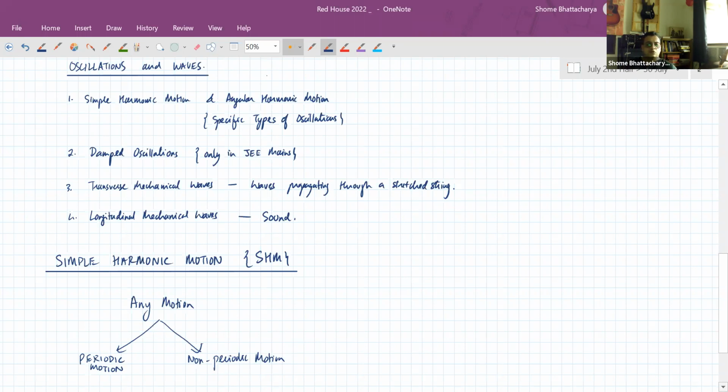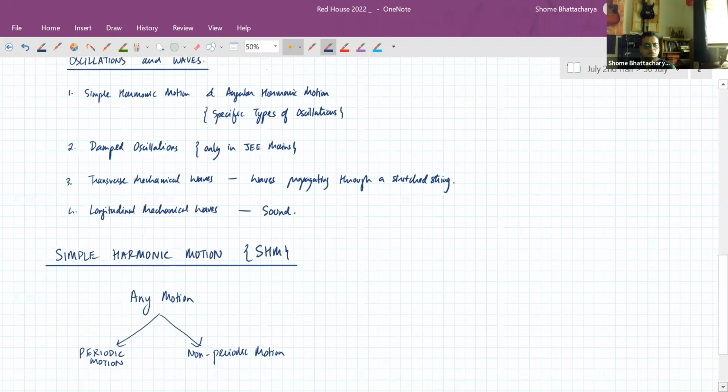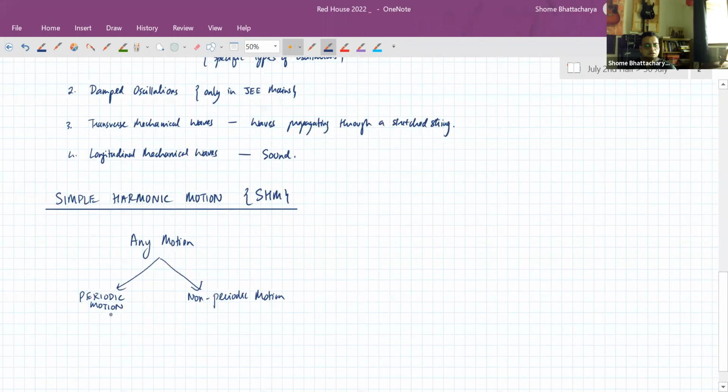Obviously non-periodic is the most common, whereas periodic is a bit more specific. Only certain types of systems will show periodic motion. But further, within periodic motion, we can divide systems into two categories: systems which are moving periodically such that they are actually oscillating, whereas we can also see periodic motions which are non-oscillations.